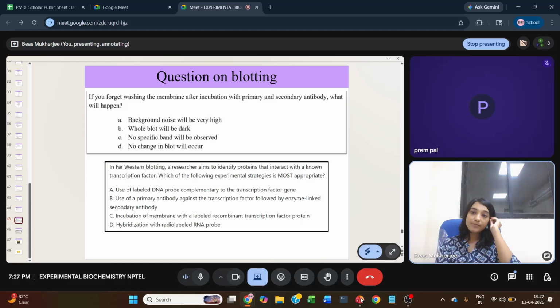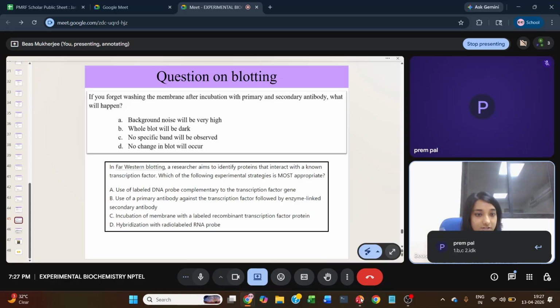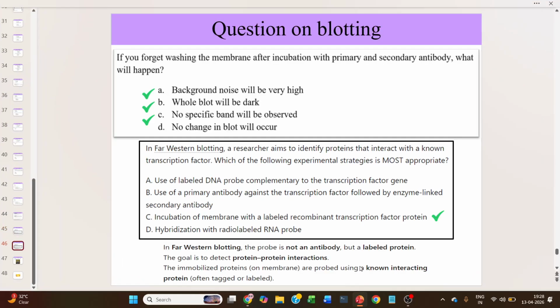Use of a labeled probe complementary to the transcription factor gene, use of a primary antibody against the transcription factor followed by enzyme linked secondary antibody, or incubation of the membrane with labeled recombinant transcription factor protein. Okay, great. Let's look at the right answer.